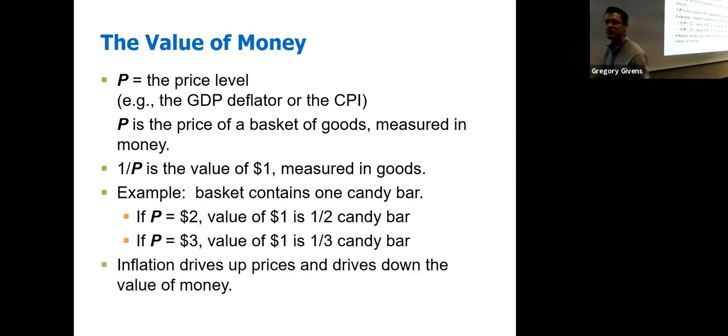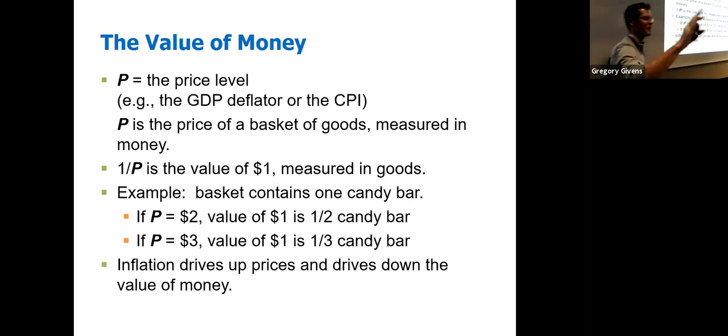What inflation is doing here is it is, of course, driving up the prices of goods and services. But really what it's doing is it's driving down the value of our money. That's the first thing that students need to understand: when you hear inflation, you automatically think, okay, stuff is getting more expensive.